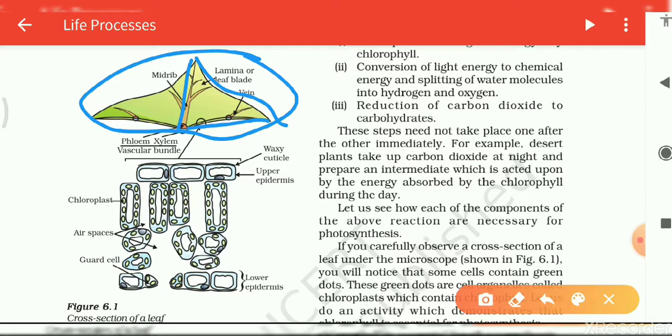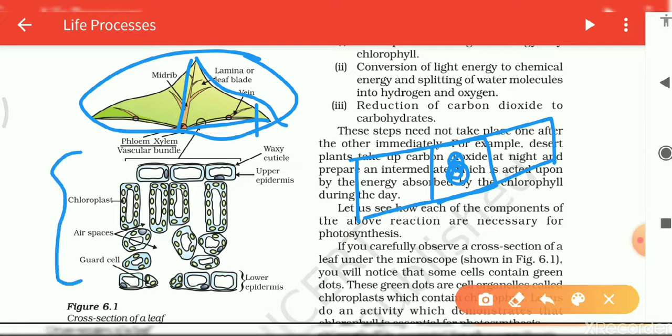Now when we take a small portion of the leaf and put it on the slide, put a few drops of glycerin and saffranin solution, and then put a cover slip, and you see it under the microscope, you will see such a diagram. This upper part is called the waxy cuticle.